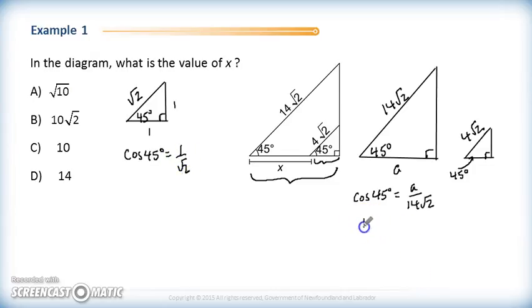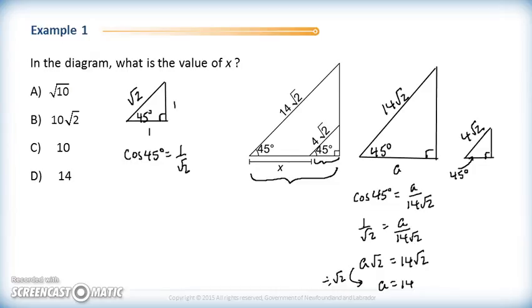So we'll make 1 over root 2 equal to A over 14 root 2. Cross multiplying, A root 2 equals 14 root 2. We divide both sides by root 2 to get A equals 14.